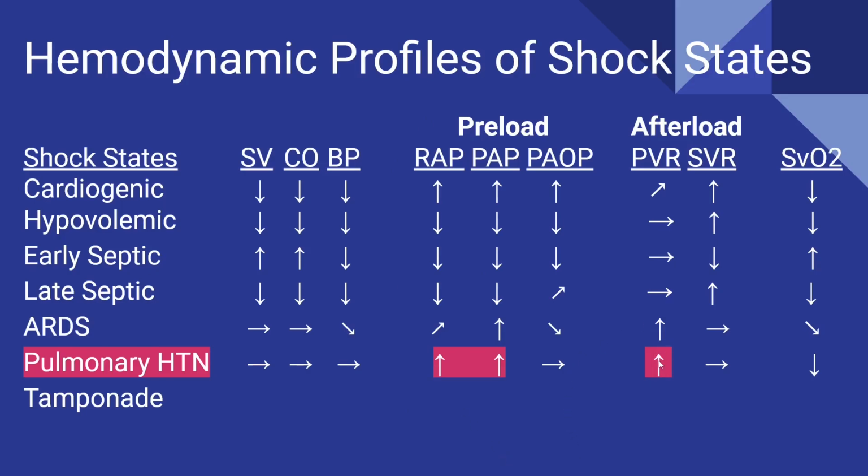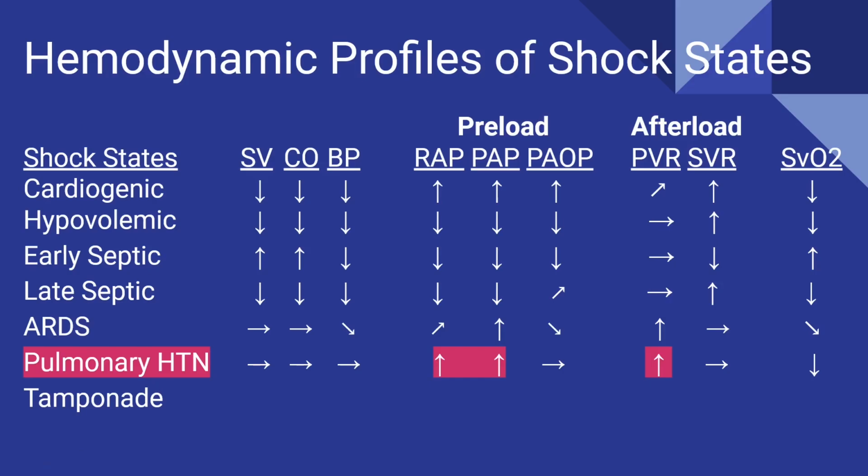So you have your high pulmonary vascular resistance, you have high preload because of the disease process. So your SVO2 may be low just because you're not able to adequately get the blood through the lungs at a rate which is normal.